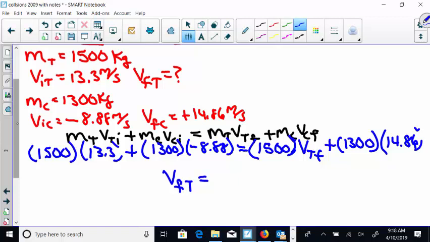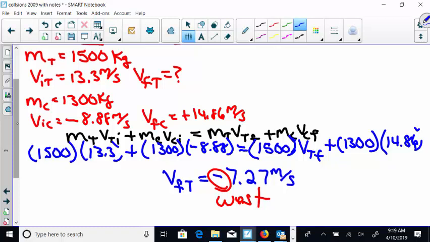Drum roll, it is minus 7.27 meters per second. That minus is significant because it's a direction, so the truck is moving to the west after the collision. And that becomes important.